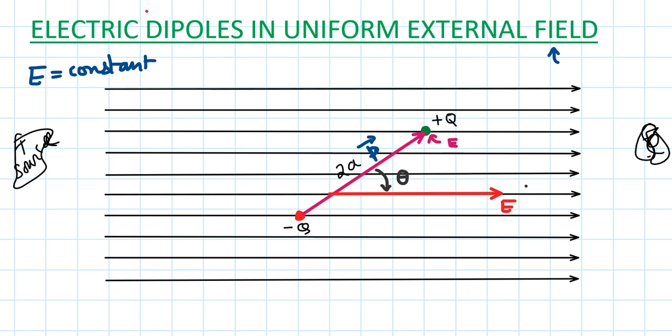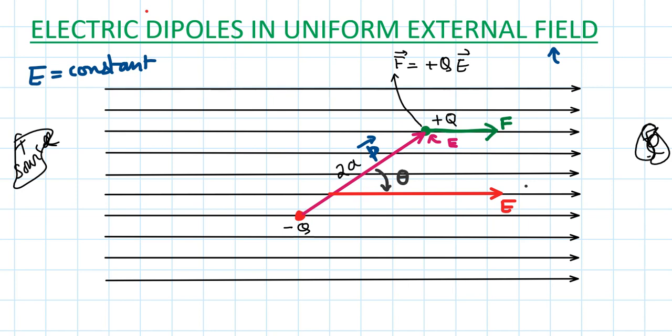So if you have placed a charge plus q, the force will be F equals plus qE. If you represent it vectorially, the direction of force will be in the direction of the electric field. So this is the force experienced by the plus q charge.